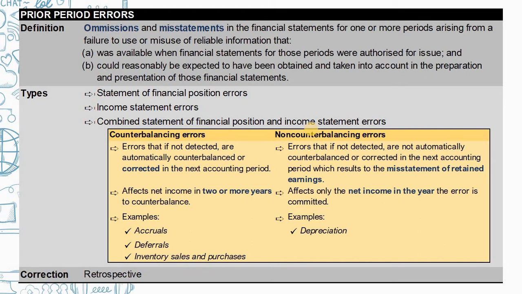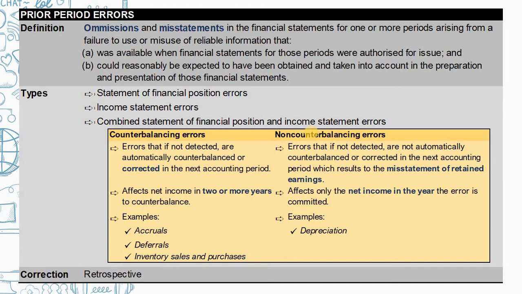So the income statement errors do not affect the statement of financial position. The correction of these errors, the statement of financial position and income statement errors, involves only the reclassification of accounts. So let us now proceed to the most difficult type of errors among the three.